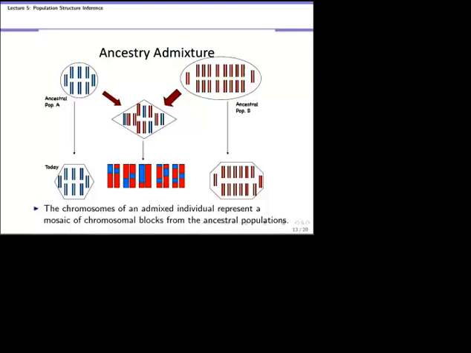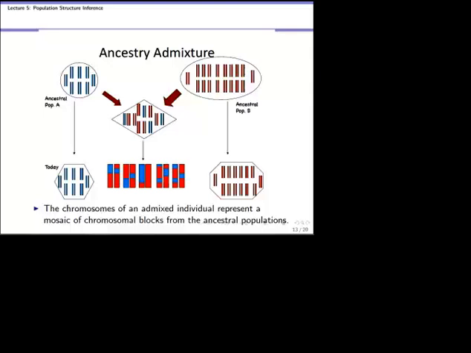Okay? So there's been a lot of work done where they're trying to, based upon the length of the blocks and the number of the blocks, determine how many generations since admixture, right? You can infer that based upon how many blocks there are, because every time you see a changeover from African to European to African, you know a recombination occurred between chromosomes.